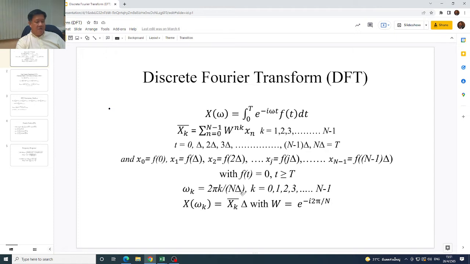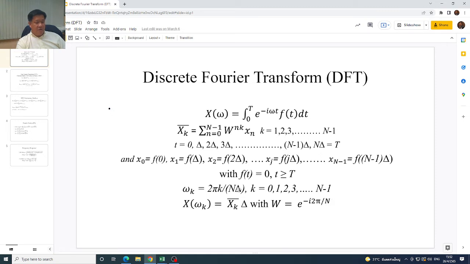So once you find X bar, w to the k, you multiply by small n and k, giving w to the nk.